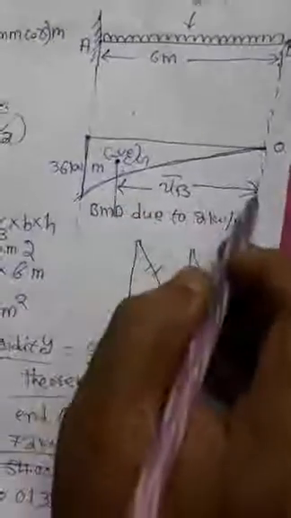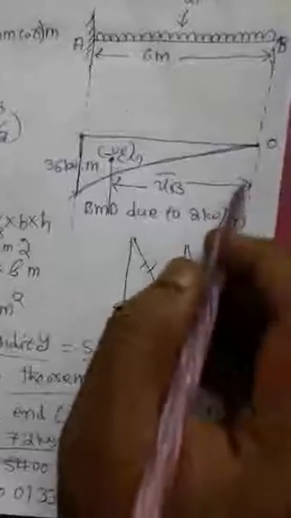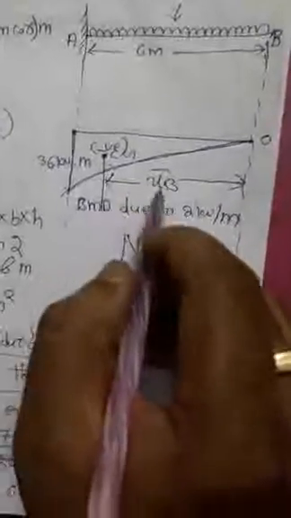So x bar B is nothing but the distance of the center of gravity from B. This is the B end, this is the A end, and this is the center of gravity point of this BMD diagram. The distance from B to the center of gravity is x bar B.